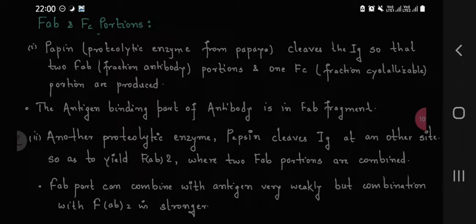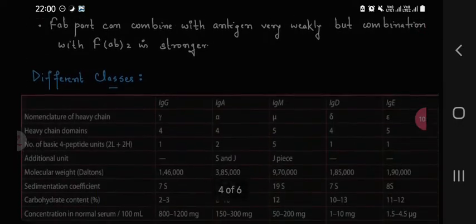Another proteolytic enzyme, pepsin, cleaves Ig at another site so as to yield F(ab')2, where two Fab portions are combined. Fab can combine with antigen very weakly, but combination with F(ab')2 is stronger.